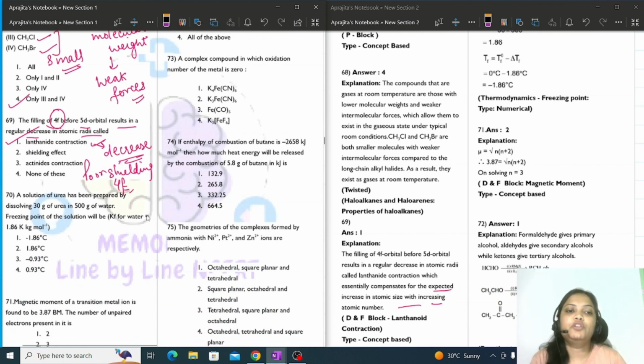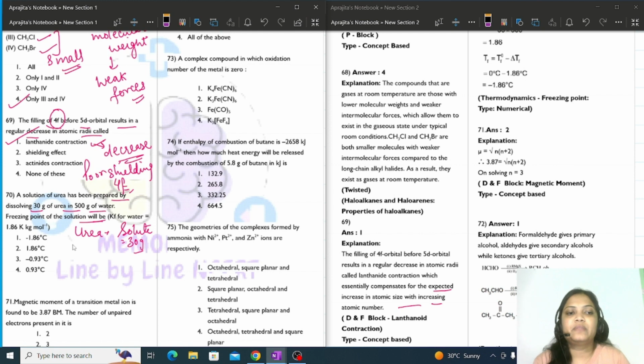Question number 70. A solution of urea has been prepared by dissolving 30 grams of urea in 500 grams of water. Urea is the solute here and its mass is 30 grams, and water is the solvent. We have to find the freezing point of the solution, which means we know there will be lowering of freezing point.